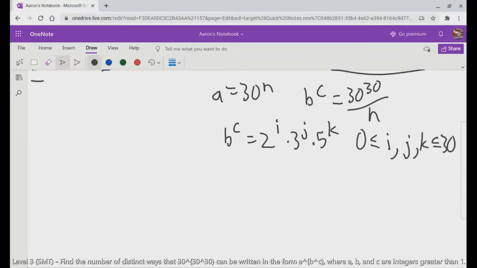And so first we can look at specific values of i, j, and k.